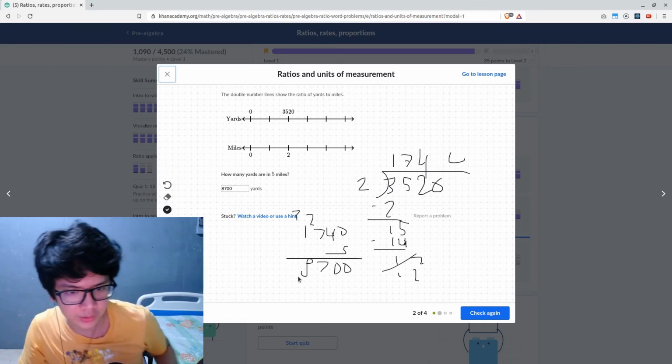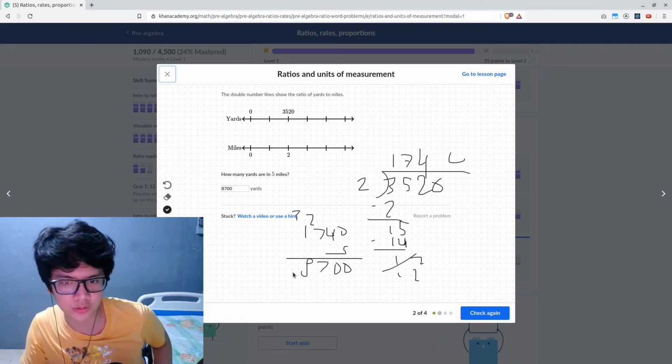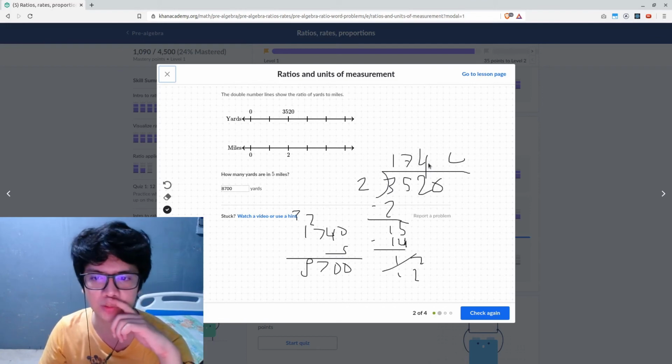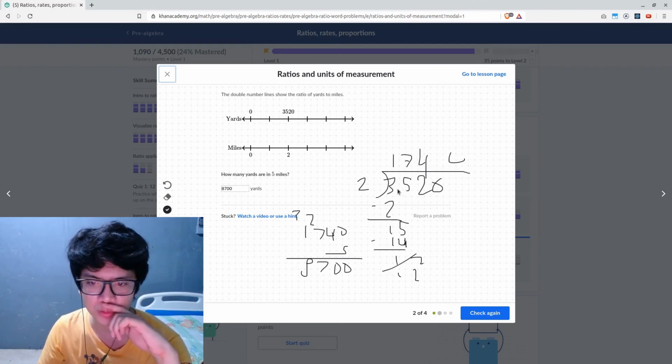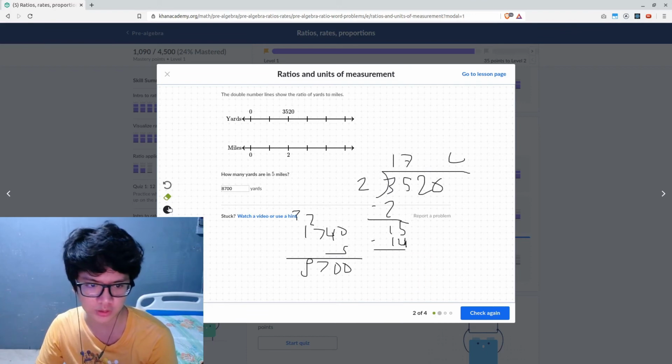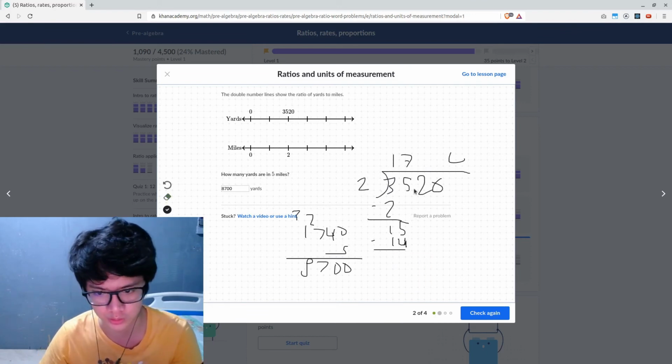5, 8. Yo, I got $870 in 5 miles. Yo, this could be wrong. This is wrong. Here 5. Here 5. 3 and 2. Yo, this isn't 4. It's because that's 8. I was thinking this was 3.